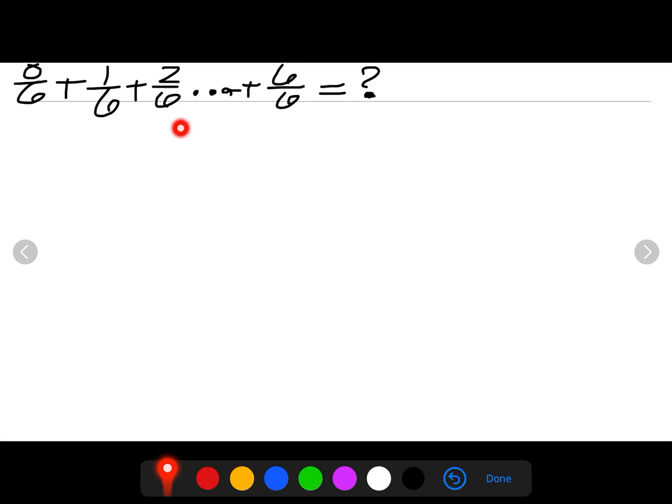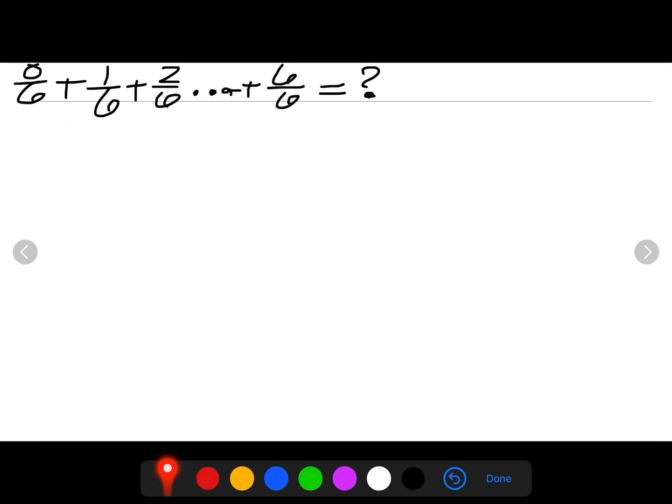These three dots let me know that my pattern continues all the way to 6/6. So I know that in this equation, I'm missing fractional parts. Do you know which fractional parts I'm missing? That's right. I'm missing 3/6 plus 4/6 plus 5/6.